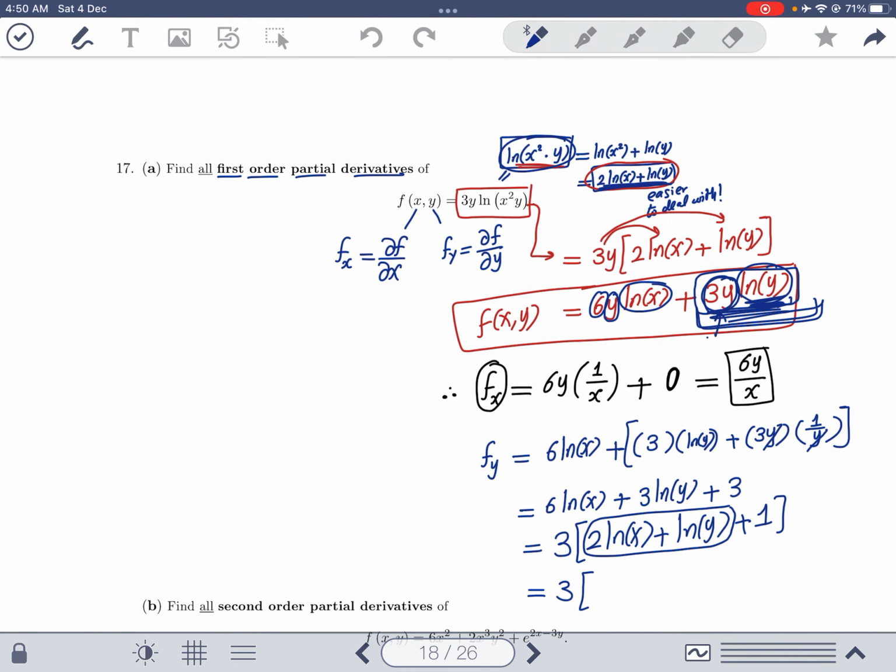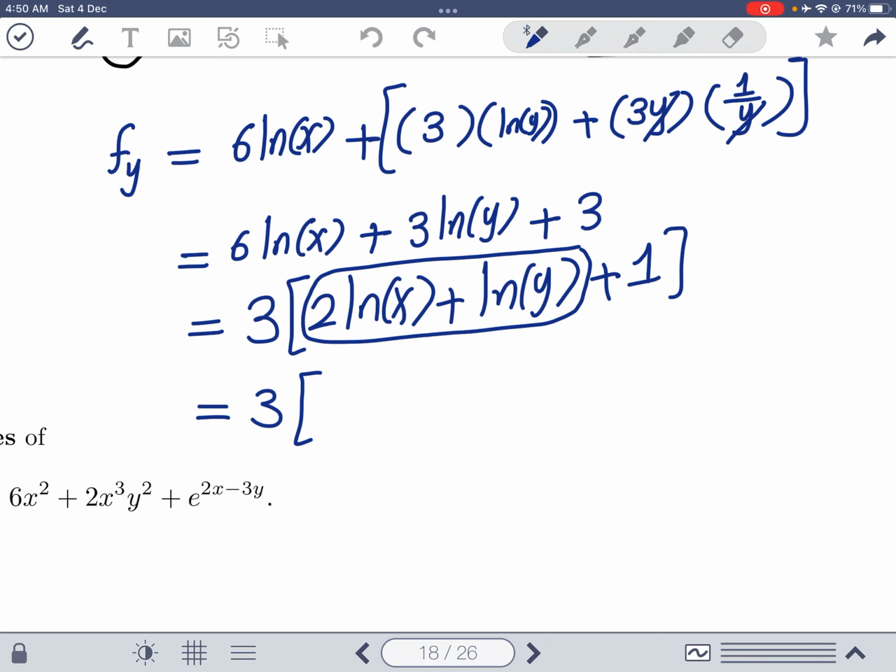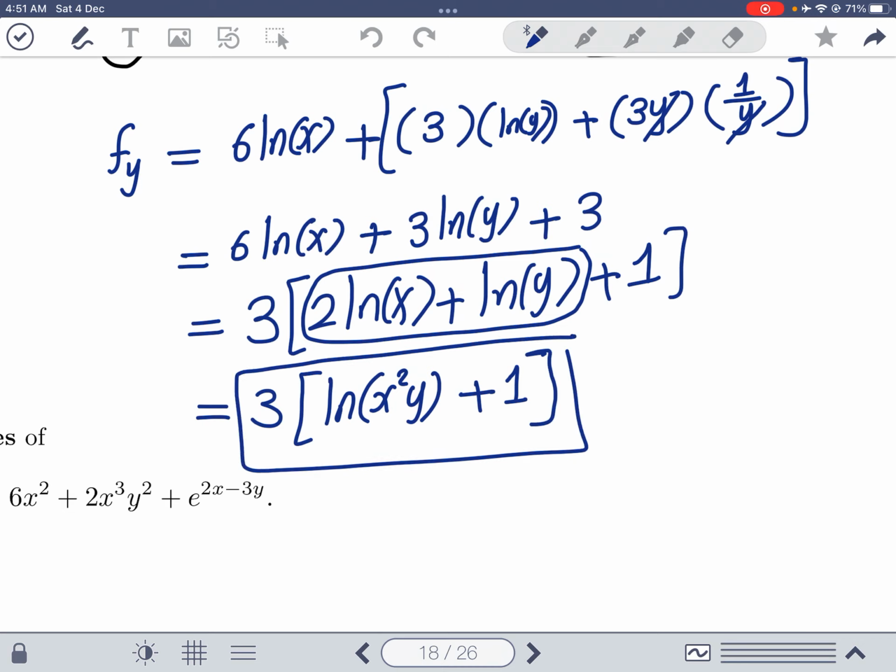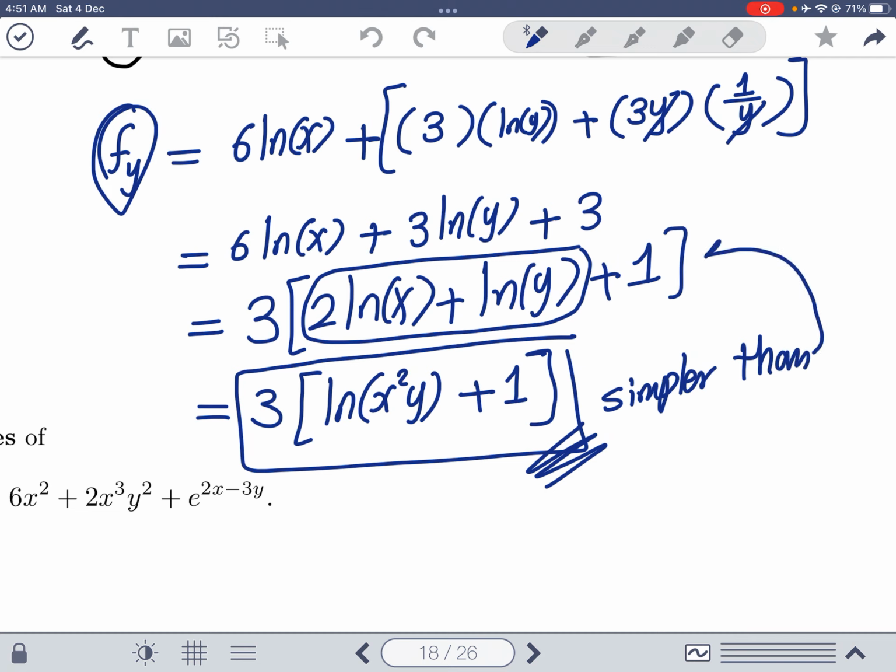I mean, you're reversing what you did at the beginning. You don't have to, but if you have multiple choice answers, it could be that they give you the final answer with x squared y recombined, plus 1. So you can have f sub y simplified like this. This is simpler than leaving it the other way.